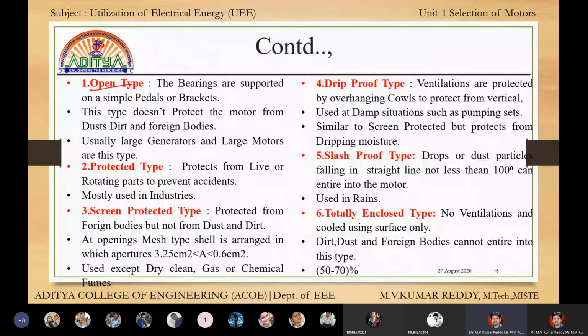Generally these are classified on the basis of three factors: first one is dirt, second one is dust, and third one is foreign bodies. These are the three important factors while designing the enclosures of the motor.